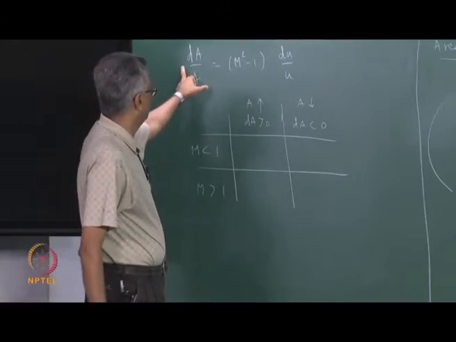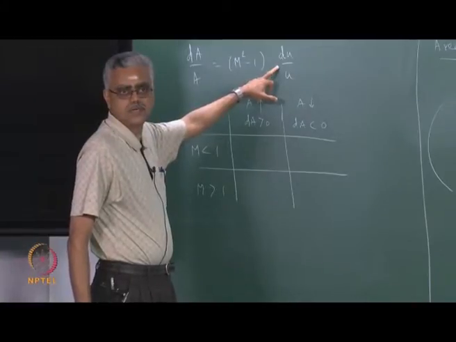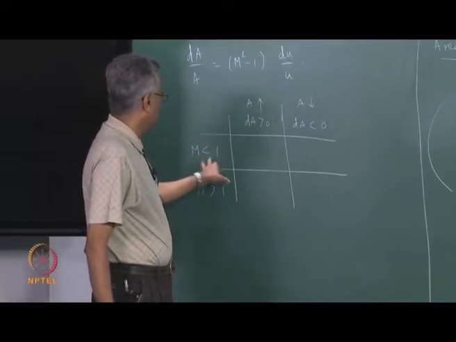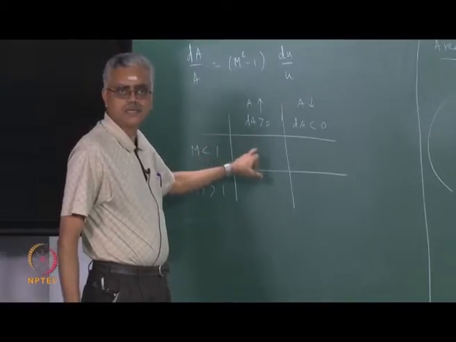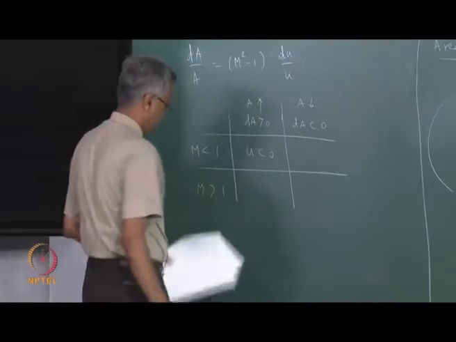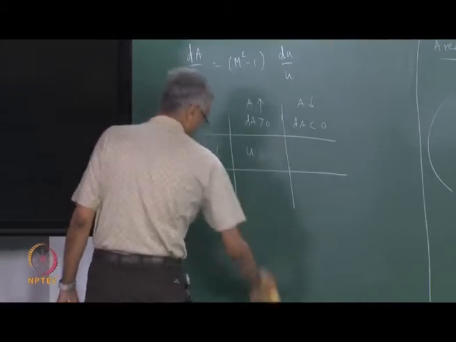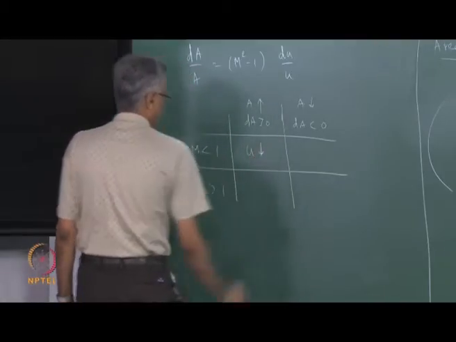When dA is positive, then du becomes negative. So a subsonic flow in a diverging passage decelerates. So du is negative, or if I write this symbolically as we have always done, u decreases.